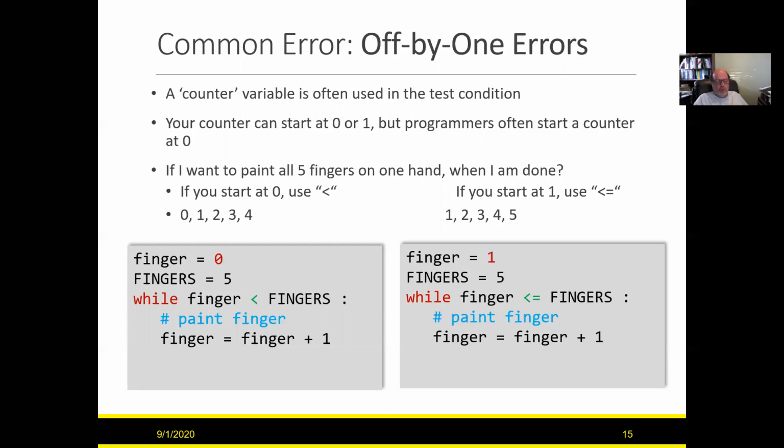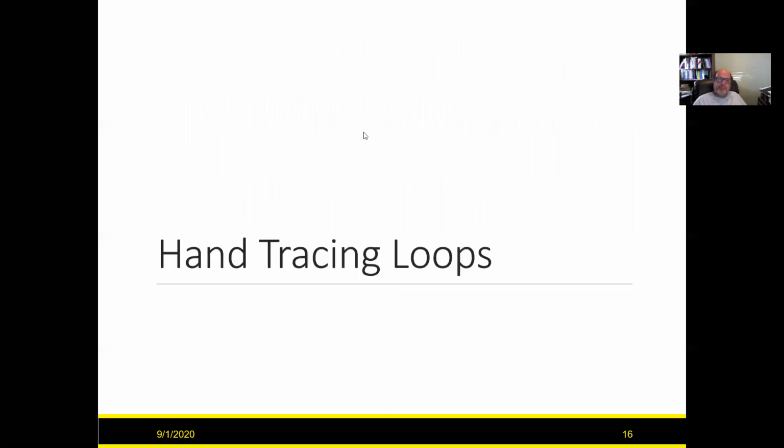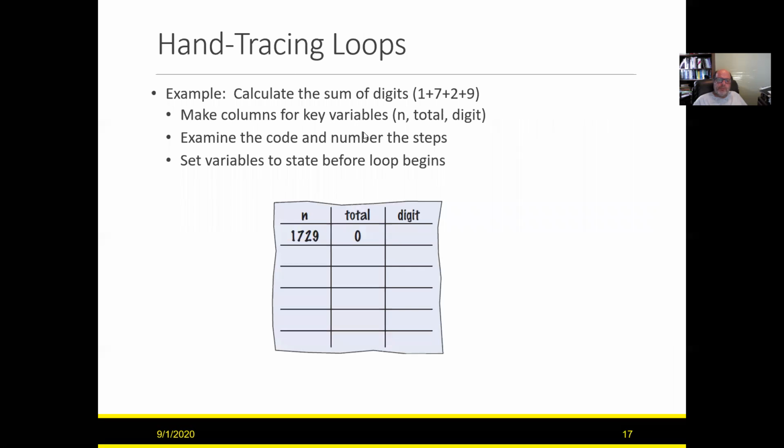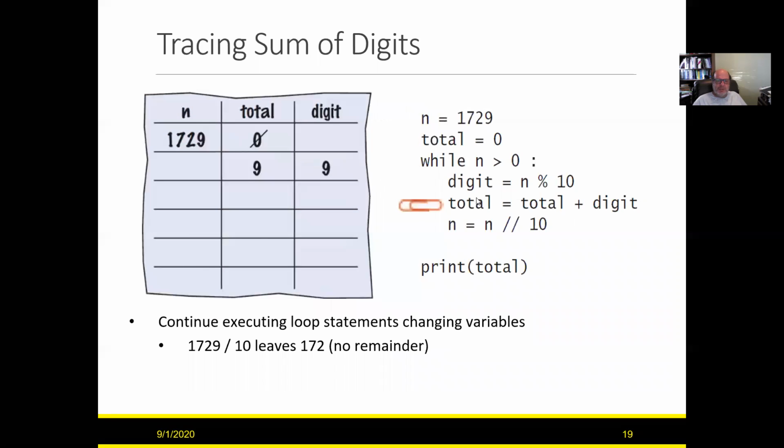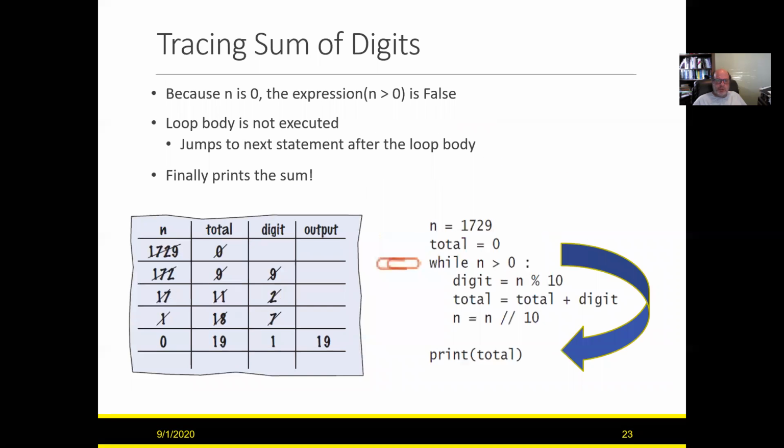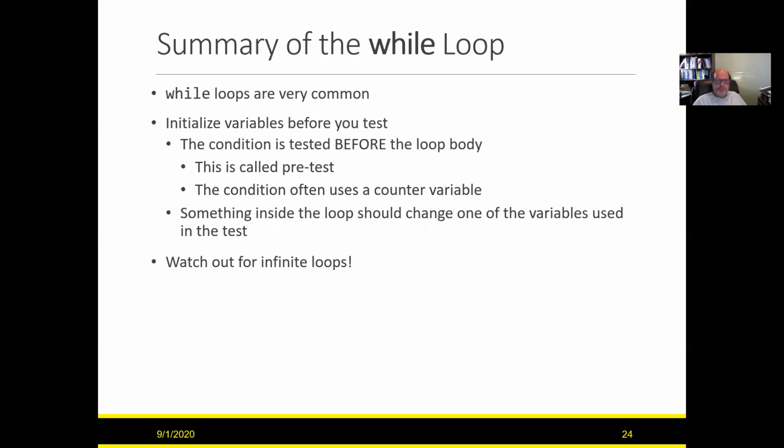So I can go 1 less than or equal to 5, or 0 less than 5. And I have to be careful about that. Otherwise, I'm going to have either 1 extra or 1 less. So again, hand tracing, please practice on that at least one time to be sure you understand how to do this.